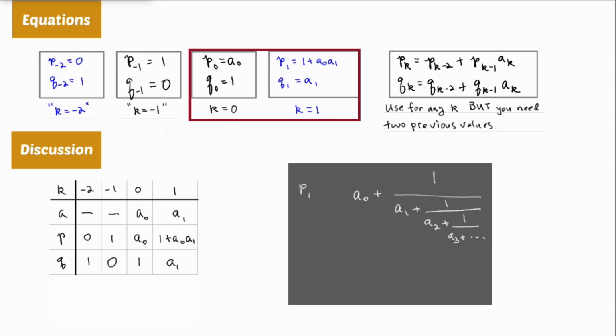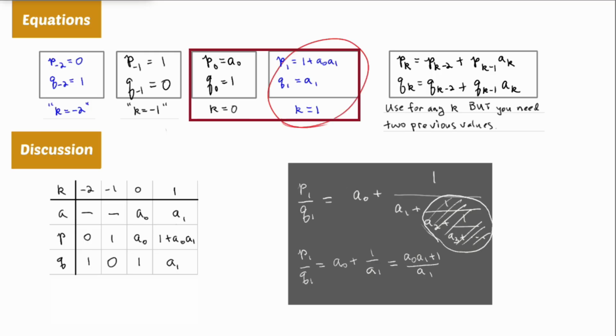And when k equals 1, p1 over q1 includes a0 and a1, but we truncate everything else. So it's a0 plus 1 over a1. This equals 1 plus a0 times a1 over a1. We can see that the numerator and denominator are the same thing as what's in the set of equations for k equals 1. I'm not saying you should use these two sets to get started. I'm just saying you can derive them.